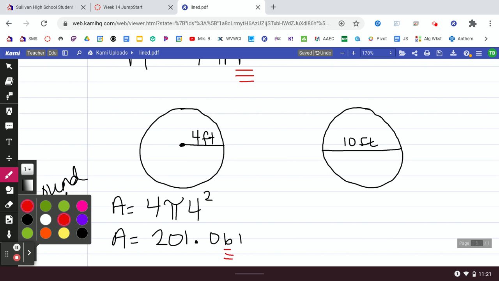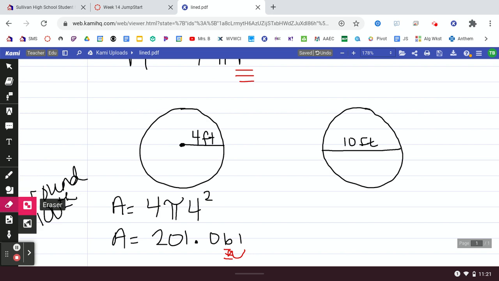To round to the hundredth, I take the 1 past it and use it to round. 1 is lower than 5, so I leave it alone. So you wouldn't put the 1, it would just be 0.06. And that's rounding to the hundredth. You have to use the next digit to tell you whether to round up or down. Since it was a 1, we leave the 6 a 6.